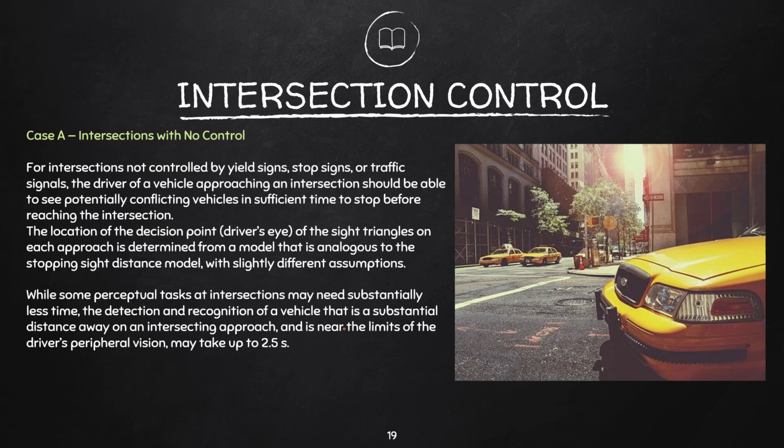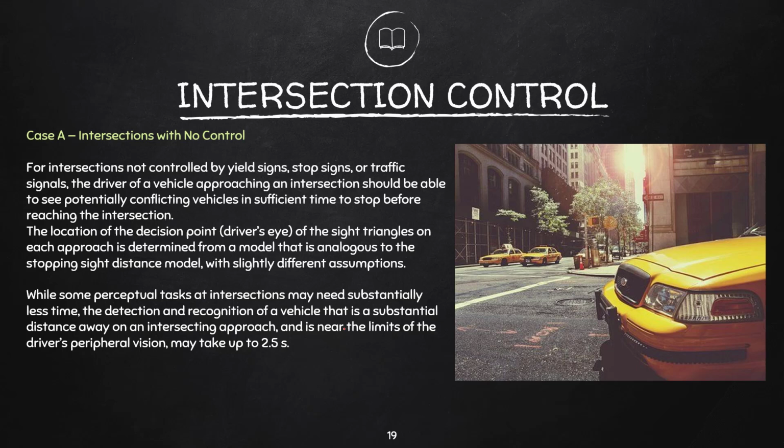While some perceptual tasks at intersections may need substantially less time, the detection and recognition of a vehicle that is a substantial distance away on an intersecting approach and is near the limits of the driver's peripheral vision may take up to 2.5 seconds.